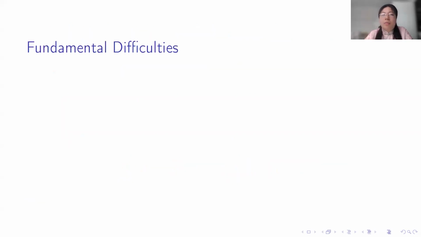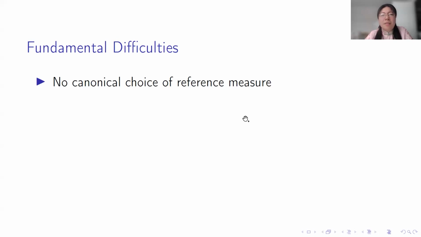Let me still mention some fundamental difficulties. Marsha gave some from a general perspective, but for log Sobolev, it's more difficult to study in some sense. So first of all, there is the non-canonical choice of reference measure.